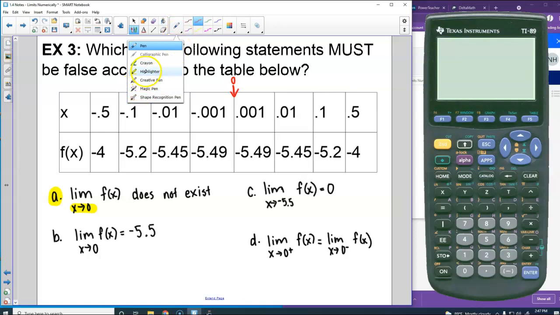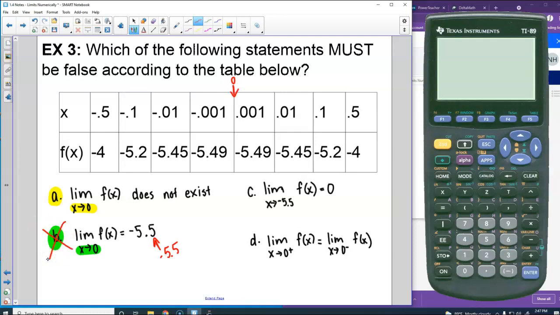I can probably explain this better from this one. Like for B, limit as x approaches 0, we're still looking at the spot where x is 0. And the limit of this function is negative 5.5. So your y value is negative 5.5. Okay, B looks like what's happening here, right? So that is not the correct answer because it looks like it's probably true.